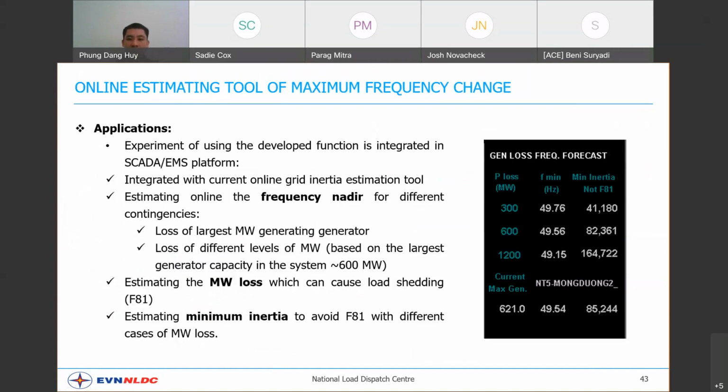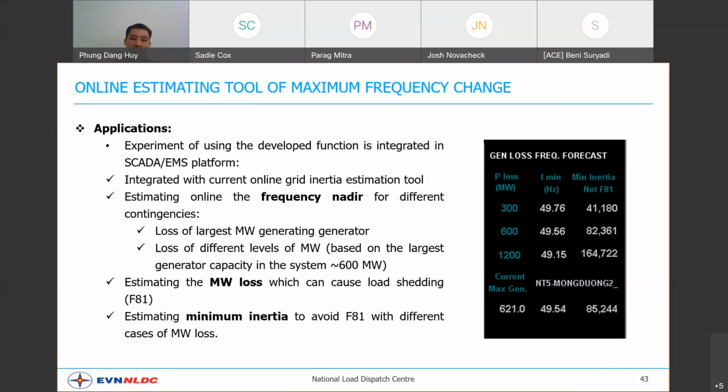So from that function, like I have mentioned, when you have two variables fixed, then you can estimate the other. So from that, you can have additional functions for the system operators, like to forecast the frequency nadir for contingency of loss of generators. The display that we show for system operators is in the slide.